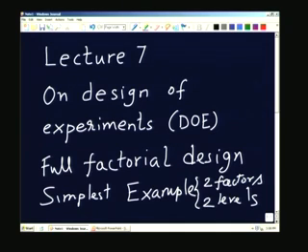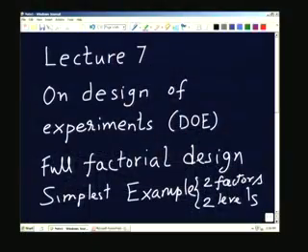Once we understand how a 2 factor 2 level experiment works, it is easily possible to extend the arguments to generalize for any number of factors, any number of levels. Therefore, whatever basic information is required for the design of experiment is already present totally in a 2 factor 2 level experiment.